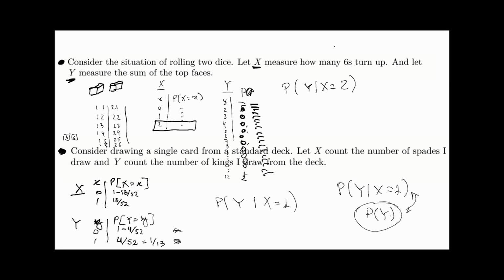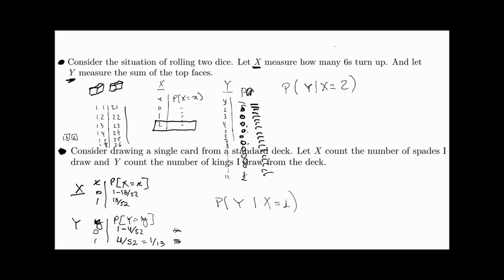All right, so this is the concept of independence. Again, in the dice example, we had probabilities when I don't know that I have 2 dice with 2 6s.